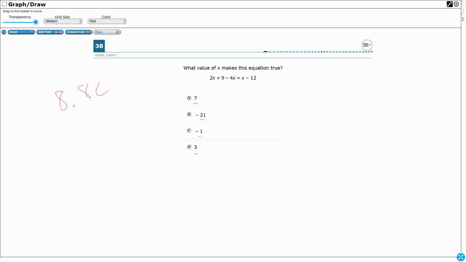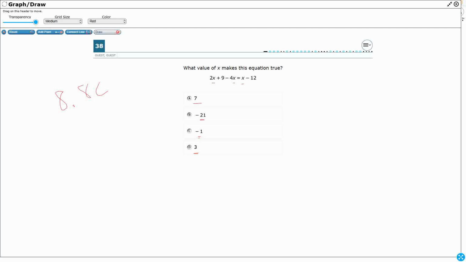We can just plug in 7, -21, -1, and 3 for x in succession and find the one that creates a true equation. Or a quicker way would probably be to solve for the unknown, and that would work even if you didn't have four answer choices to choose from. So let's do that second option, knowing that you could just plug these in if that's an option as well.